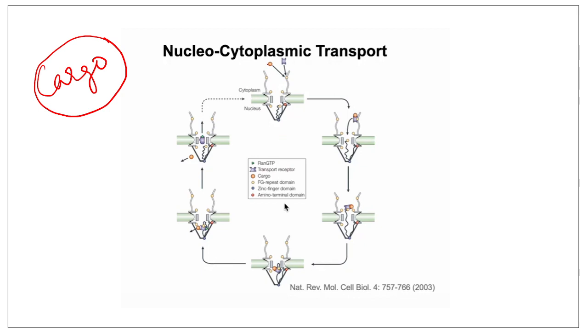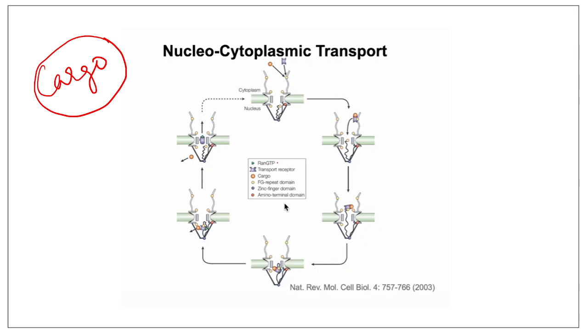It can be a protein or RNA, anything. Let's say it's a protein for our understanding. So first this protein will bind to the receptor, then it will bind to the FG repeat domain, and then it will form a complex. Now this will push itself interior, and then it will join with some RAN GTP.